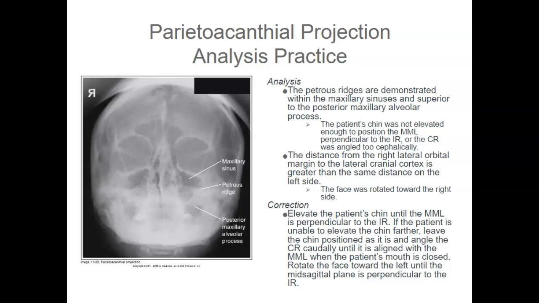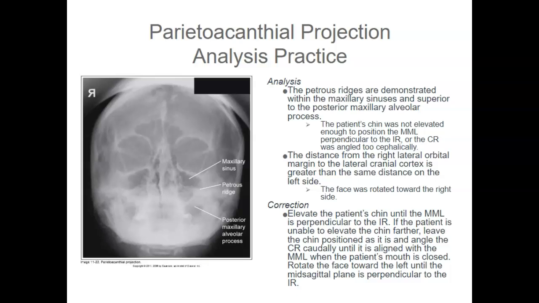So let's take a look at this parieto-acanthial projection practice analysis. We want to utilize our anatomical landmarks to determine rotation and appropriate chin elevation. So let's take a look for rotation.